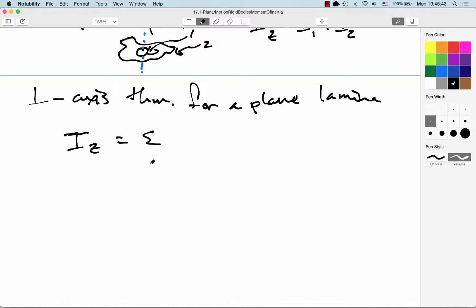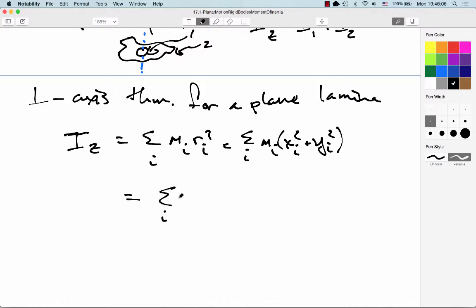That was equal to the sum over i of m_i r_i squared. And we found that that was the sum over i of m_i (x_i squared plus y_i squared), thanks to Pythagoras. Well, I can separate that out as being, and I'll write this a little awkwardly, it'll make sense in a moment, the sum over i of m_i y_i squared plus the sum over i of m_i x_i squared.